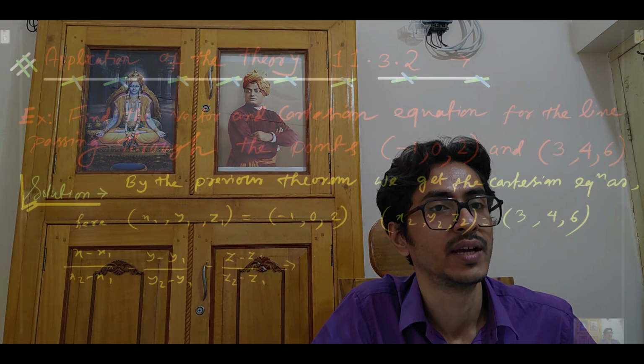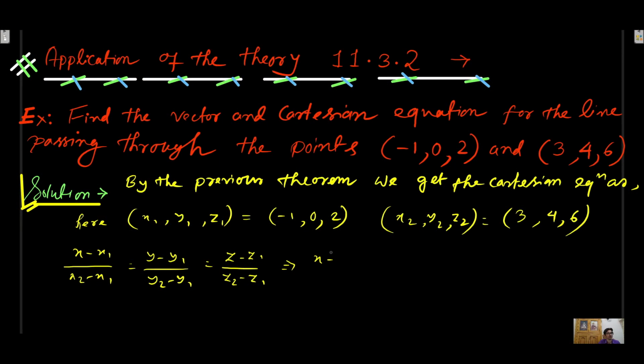This implies x minus x1 means minus minus 1, so plus 1, by x2 minus x1, which is 3 plus 1, 4, equals y minus y1, with y1 being 0, by y2 minus y1, which is 4 minus 0, that is 4, and z minus z1, with z1 being 2, by z2 minus z1, which is 6 minus 2, that is 4.